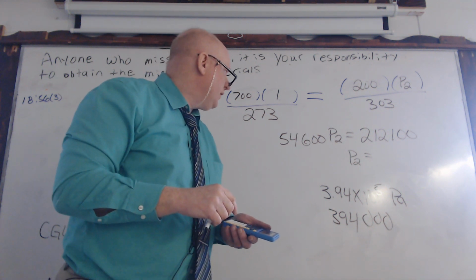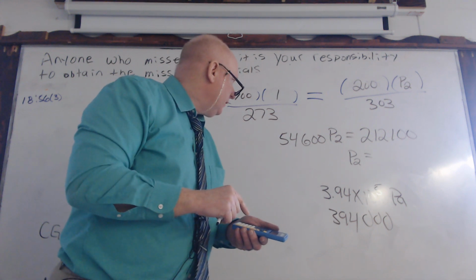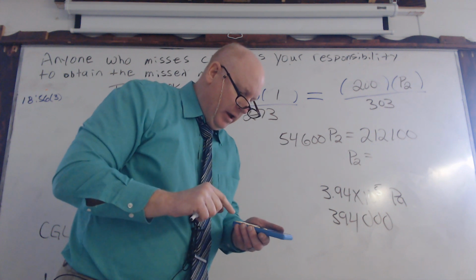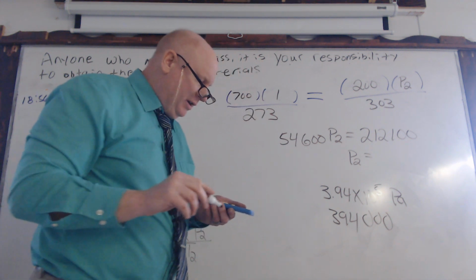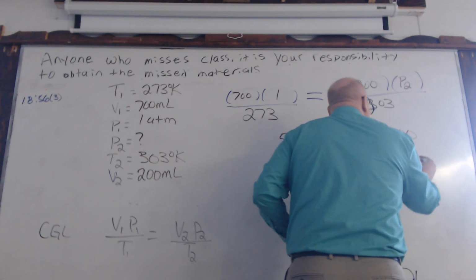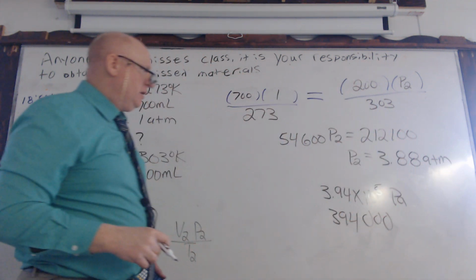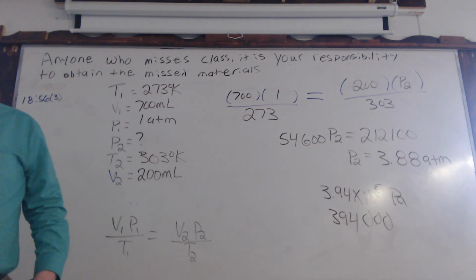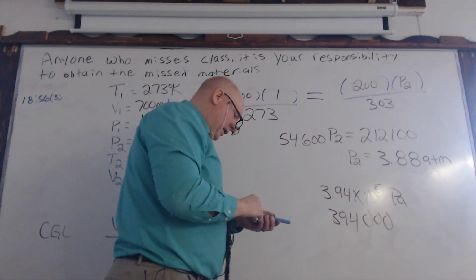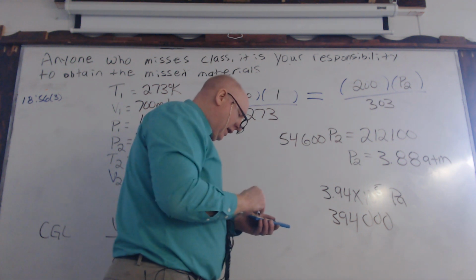So now, again, just like what we did before, dividing each side: 212,100 divided by 54,600. And then that gives you 3.88 atmospheres. Again, that's in atmospheres. We want it in pascals, which we convert to kilopascals first. So 3.88 times 101.325.